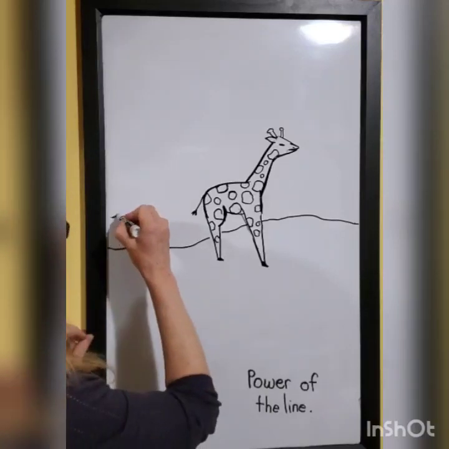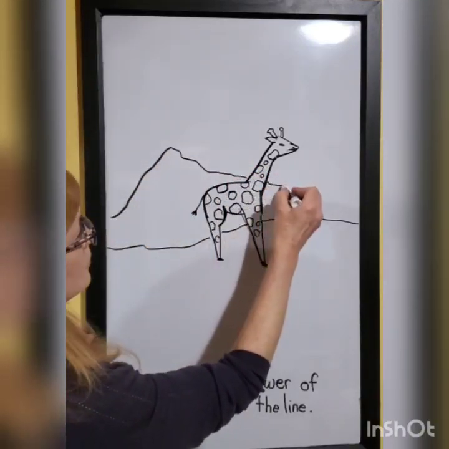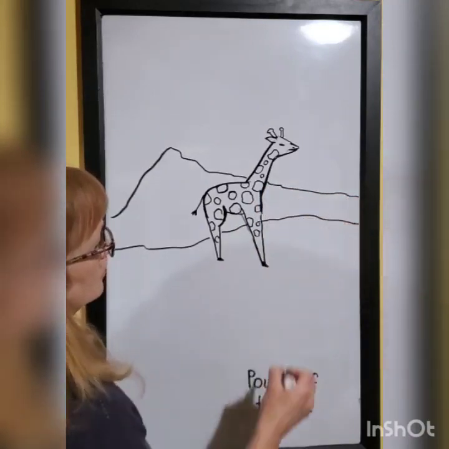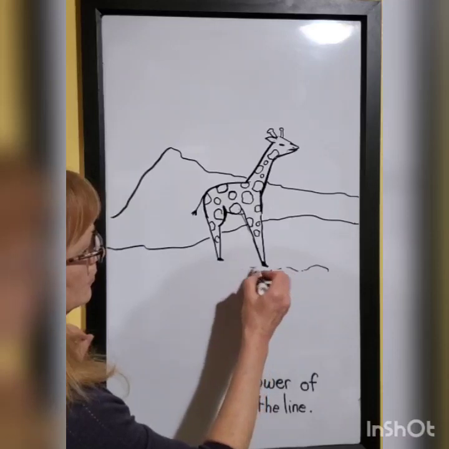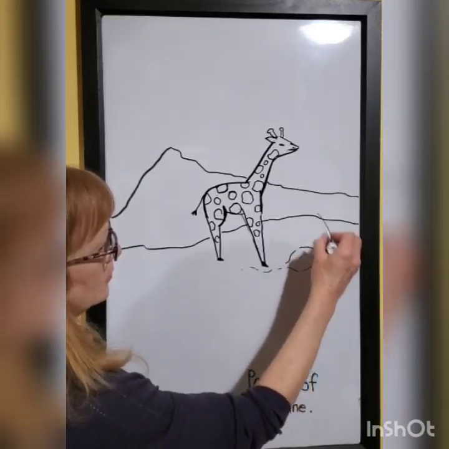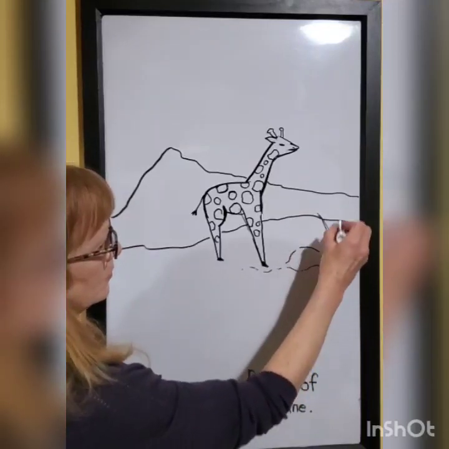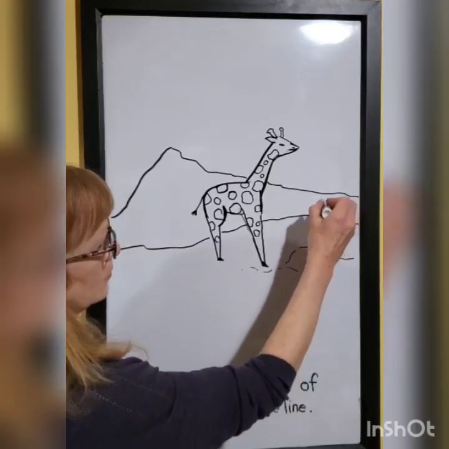Look at that, one line, and it looks like my giraffe is on the ground. And an angled line behind it makes it feel like there might be a mountain or hill behind my giraffe. That gives my drawing depth.